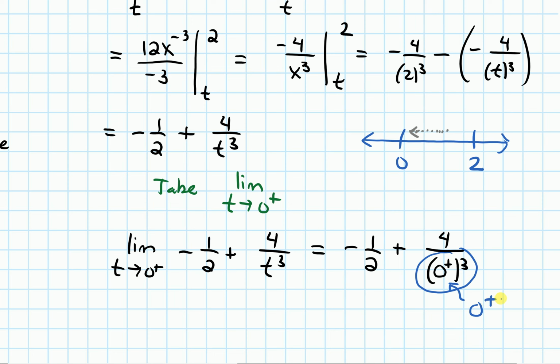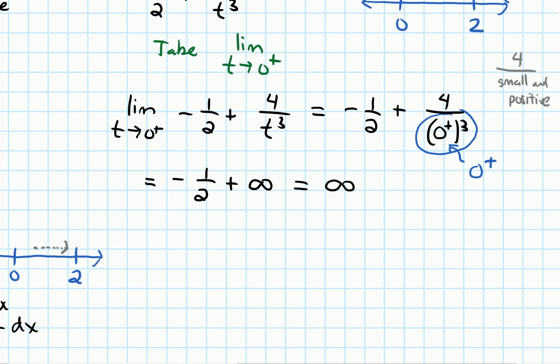So this gives me the -1/2 at the front, and then plus 4 divided by something really small and positive. That's going to end up being huge and positive, so this is going to infinity. And then infinity plus -1/2 is still infinity.